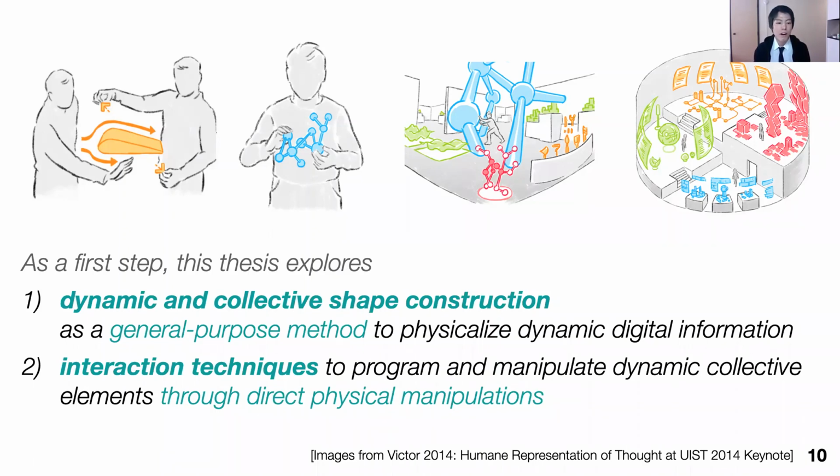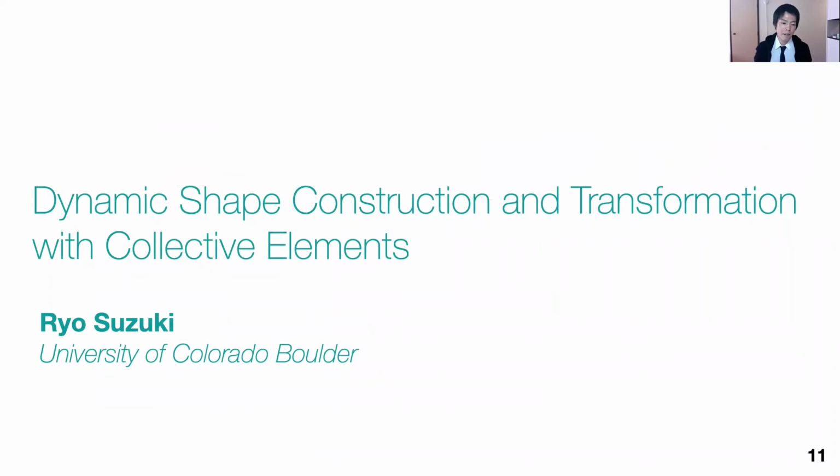And also, this thesis explores the interaction techniques to program and manipulate dynamic collective elements through direct physical manipulation. So this is why this thesis title is Dynamic Shape Construction and Transformation with the Collective Elements. And this thesis specifically explores how we can make a dynamic shape out of the active or passive collective elements for future of the human community interactions.